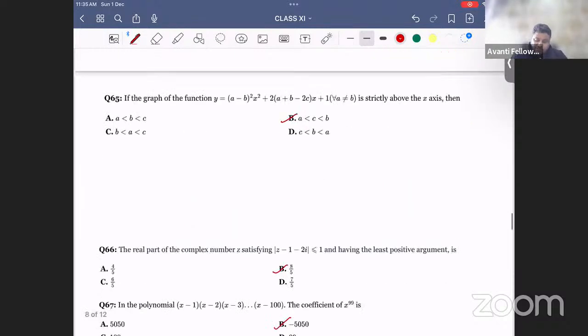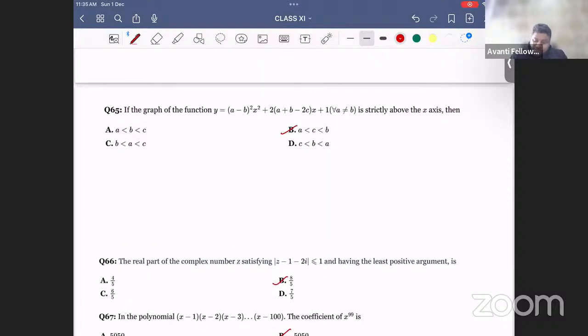Now see this question. If the graph of the function is strictly above the x-axis, that means what? The graph is something like this. That means its D is less than 0.